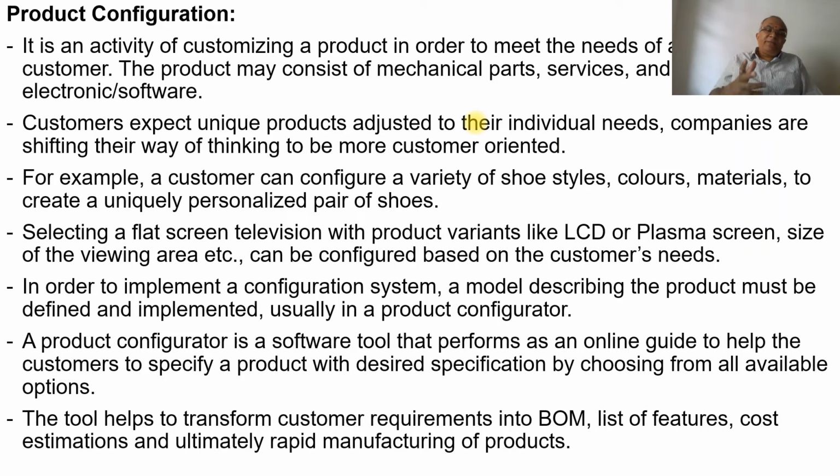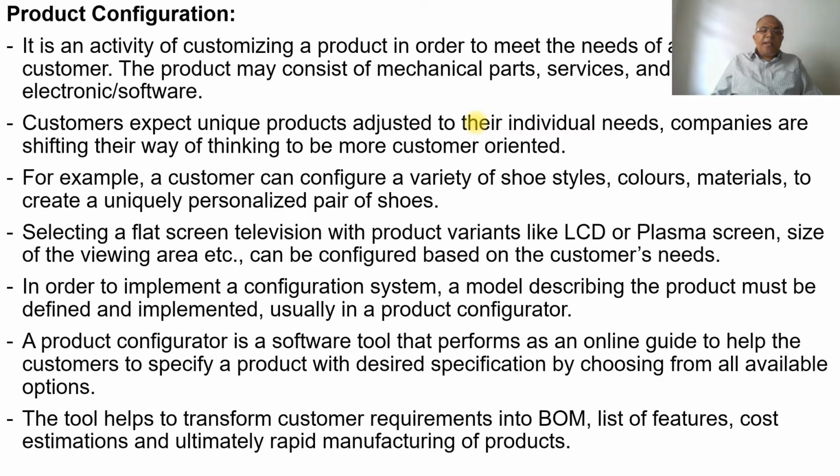Similarly, when selecting a flat screen television, product variants like LCD or plasma screen and the size of the viewing area, that is, the diagonal dimension of the flat screen, maybe 32 inch, 42 inch, 56 inches or 75 inches, can be configured based on the customer's needs.